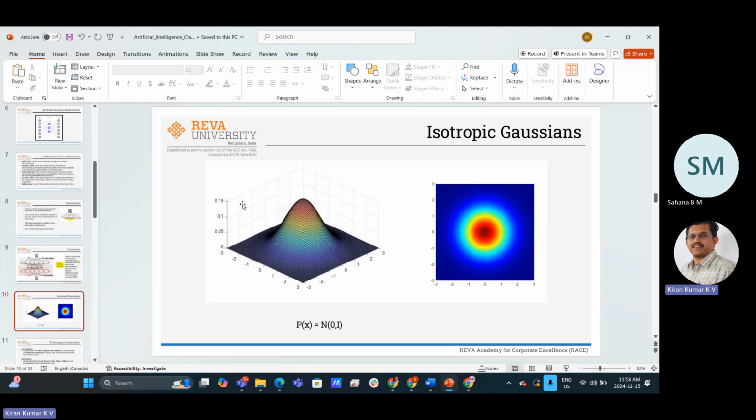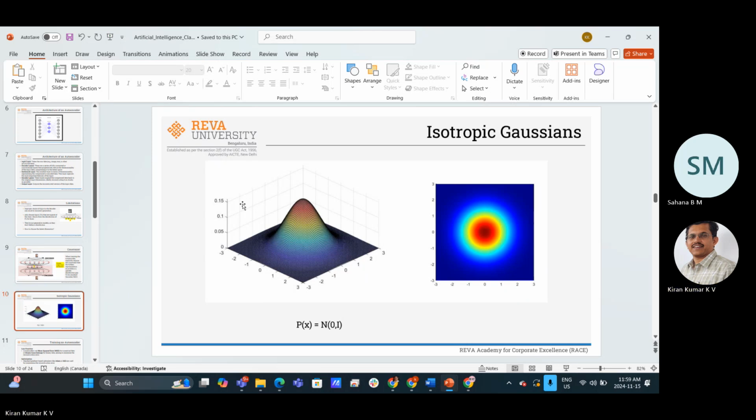And this is how a three-dimensional view of a Gaussian curve looks from the sideways and from the top view. What do you see here? Is it bell-shaped or what? You're looking in 3D. If you convert it to 2D, if you cut it horizontally, how does it look?